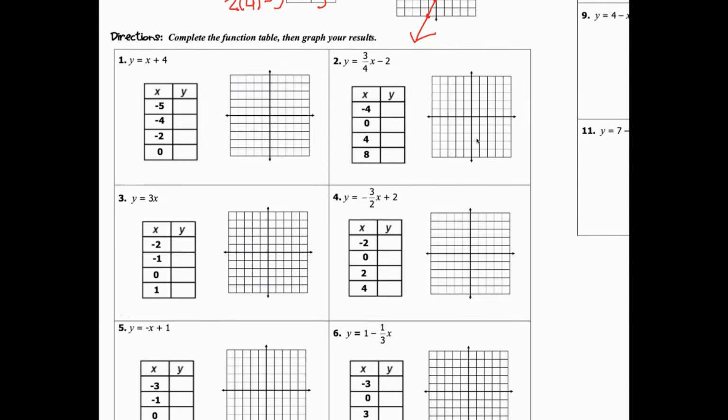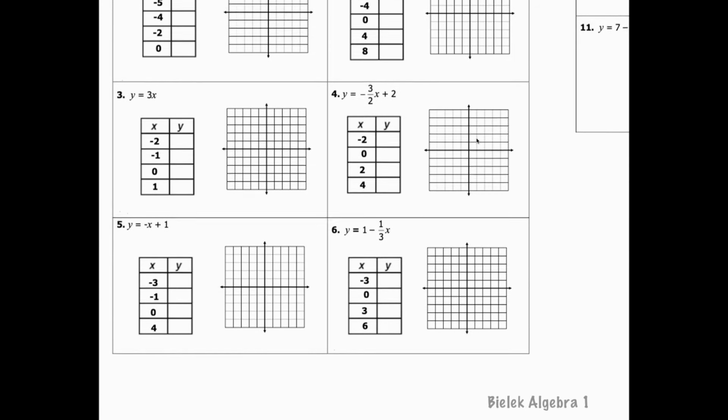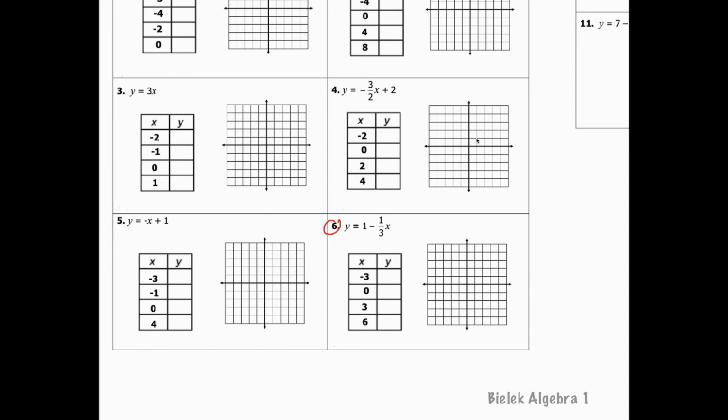This one is pretty straightforward. We'll go ahead and do number 6. That's probably the most complex. If I plug in -3, I've got 1 minus 1/3 times -3. When you simplify that out, it comes out to 2.